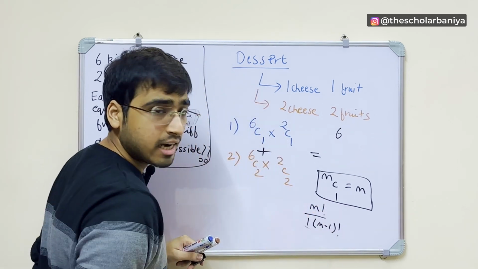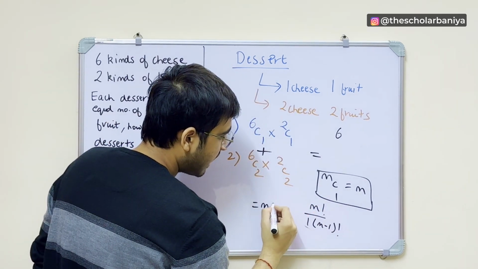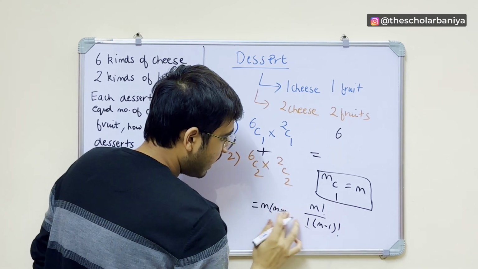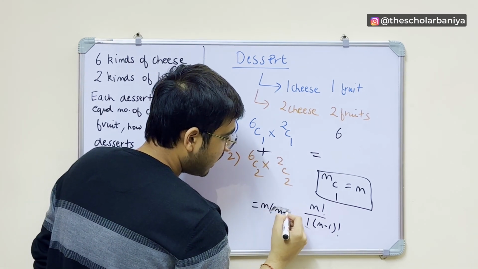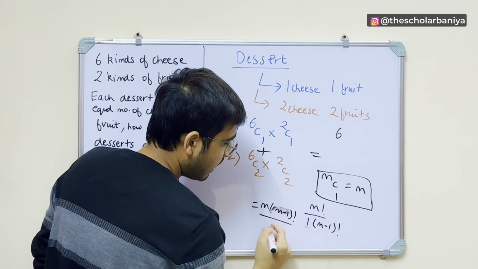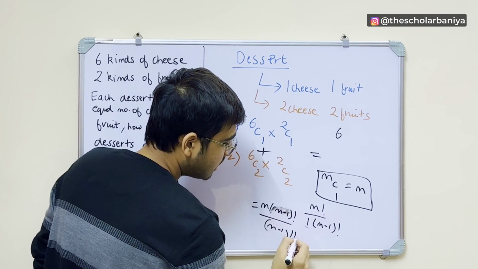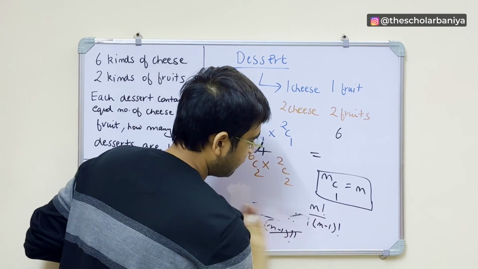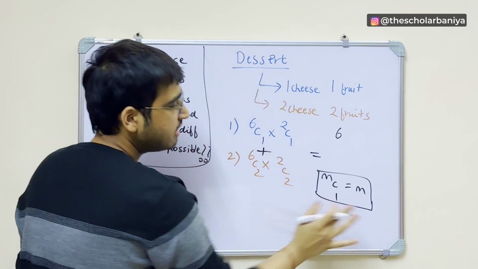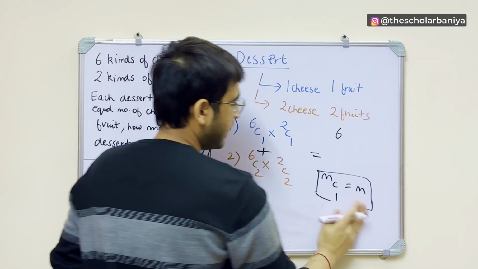So what you can write N factorial? You can write N factorial as N into N minus 1 factorial upon N minus 1 factorial. This gets cancelled, so you will get N, right? So basically, NC1 is N. You should kind of remember this, right?